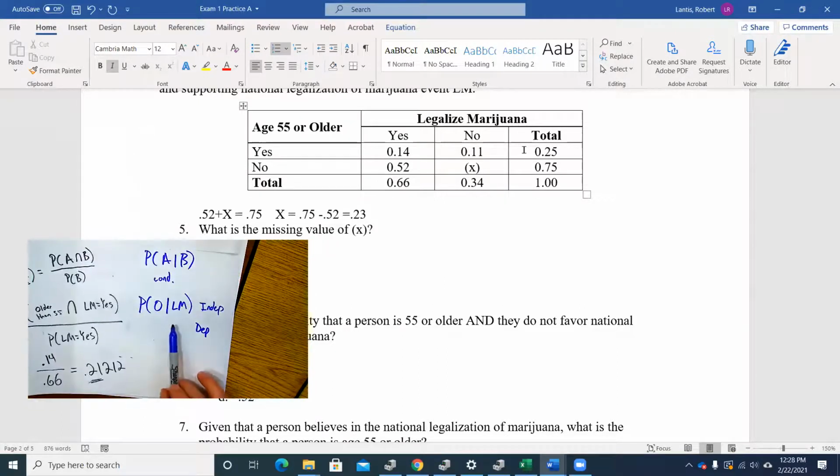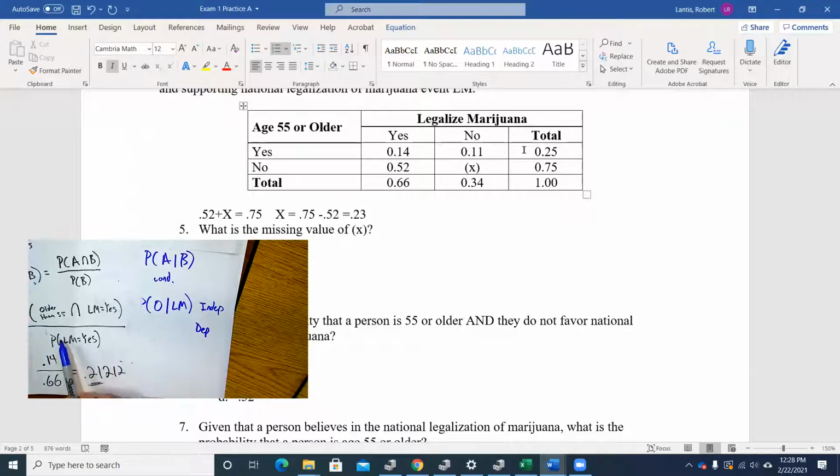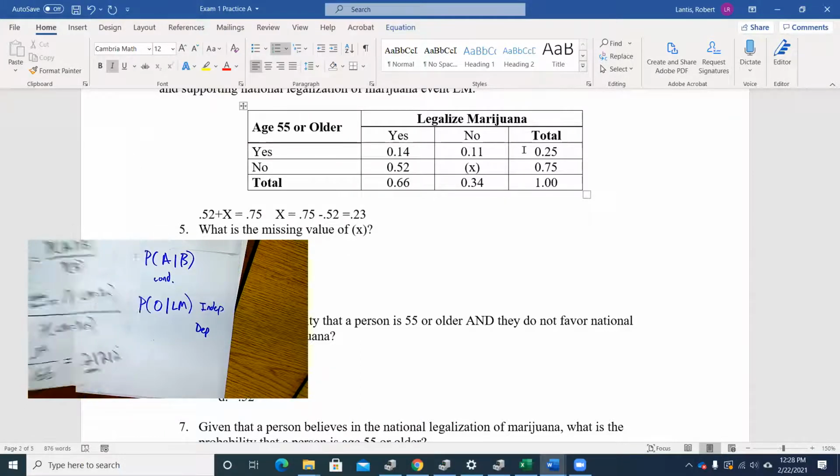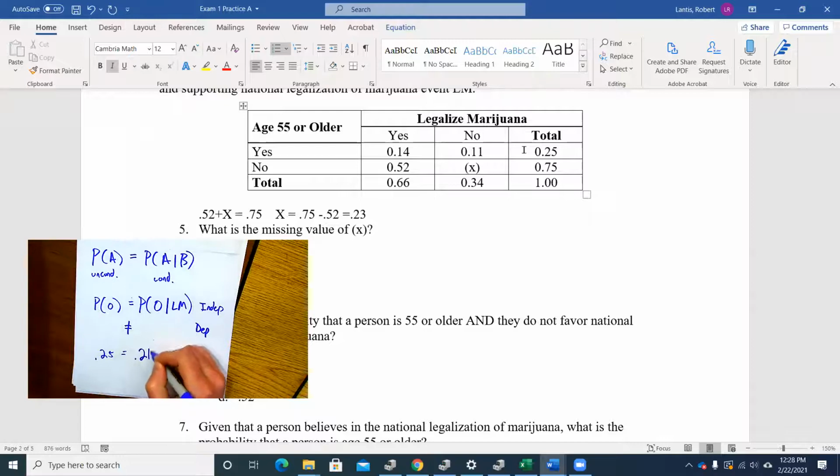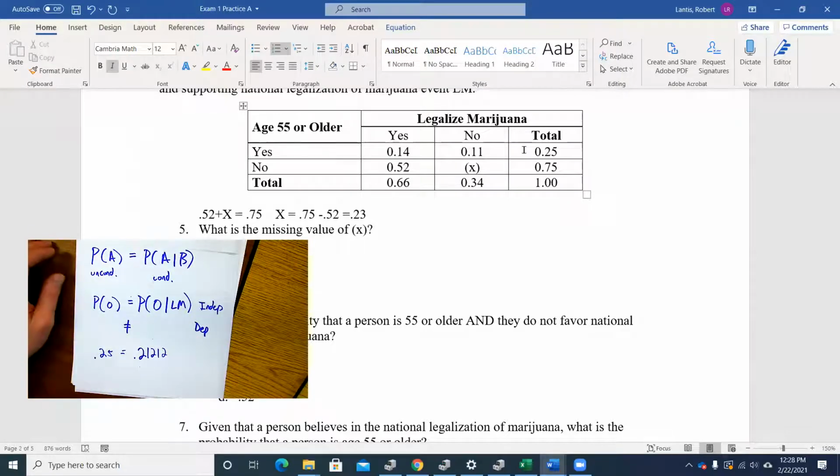In fact, just to save us some work, I already solved for this conditional probability: the probability someone's older than 55 and wants marijuana legalized. So I know this equation would give that to me. I could go on the table, look up these values. I end up finding that probability is 0.212, which we rounded to 0.21. They're not the same value.